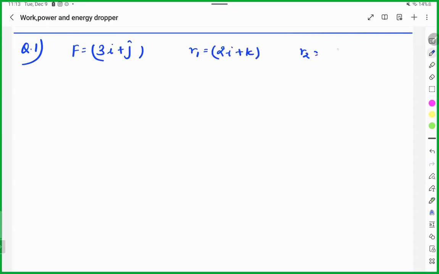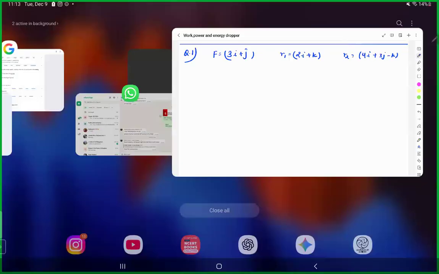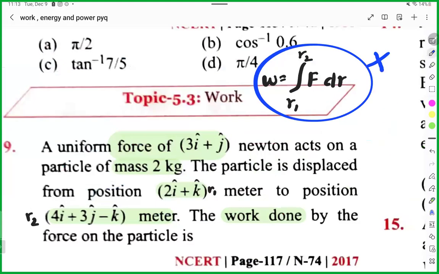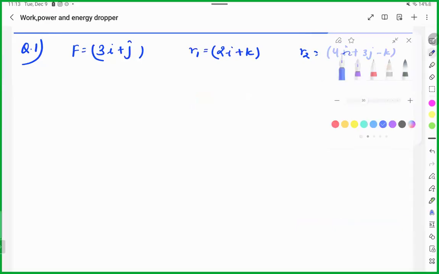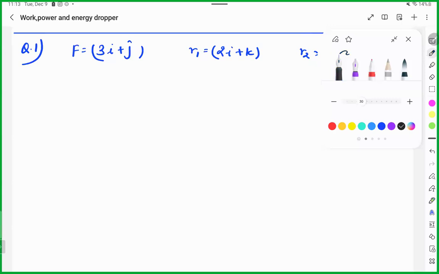R2 value: 4 i cap plus 3 j cap minus k cap. Am I right? Yes, sir. So, if this is the value, we know how to calculate work done here.